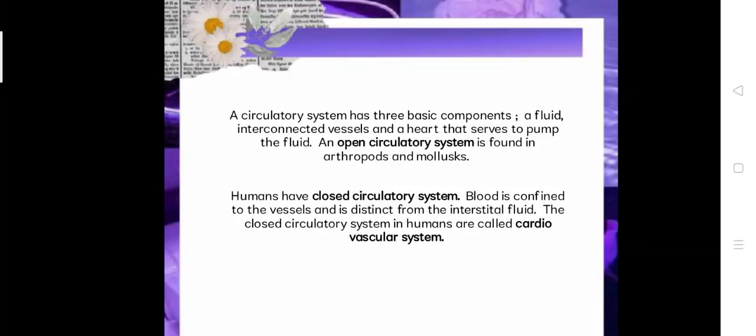Examples of animals with open circulatory are spiders, crustaceans, insects, and certain mollusks. In closed circulatory system naman, blood is the circulatory fluid and is contained within the blood vessels. So, examples of animals with closed circulatory system are annelids, few mollusks, and vertebrates.